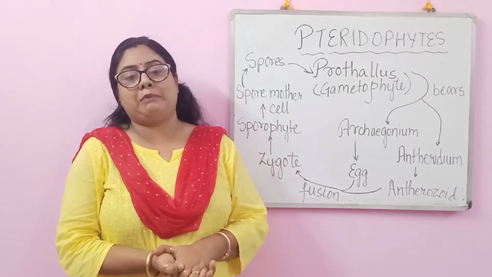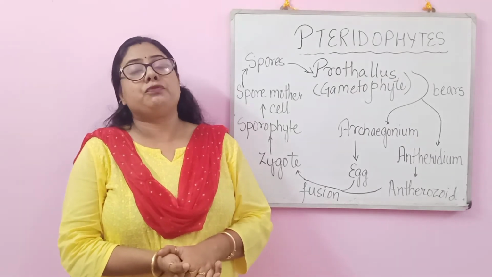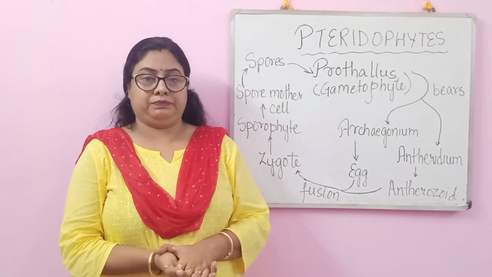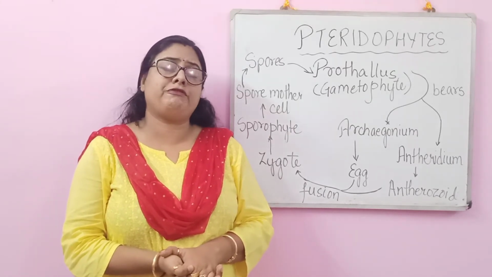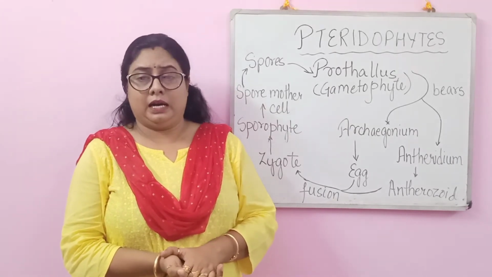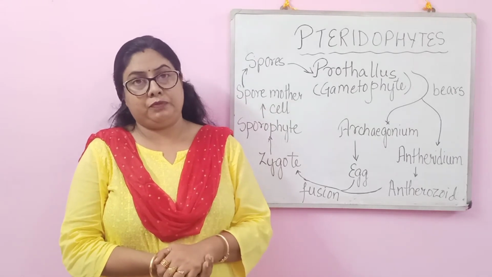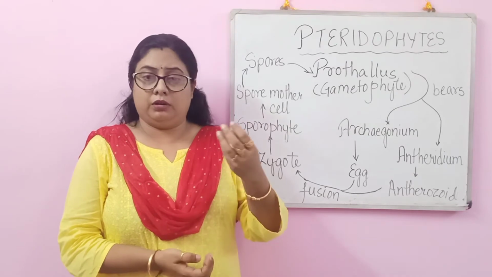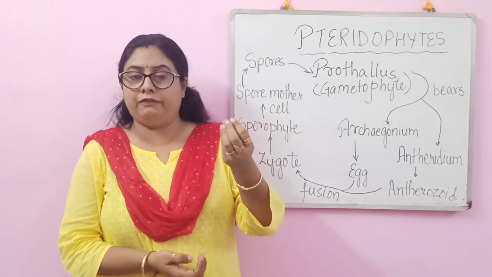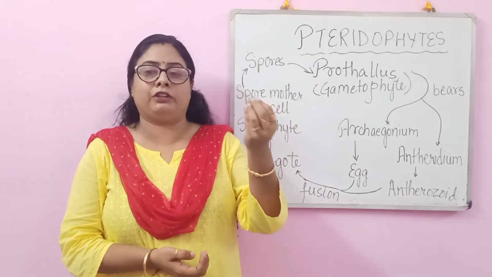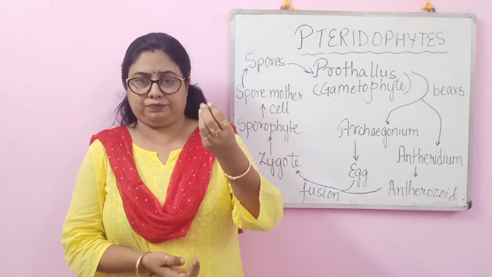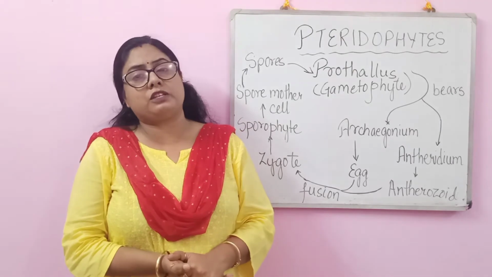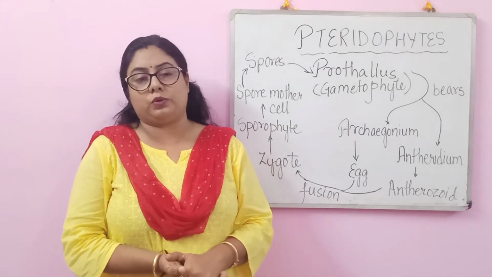The female gametophyte is retained on the parent sporophyte for a variable time period. And here the fusion of the microgamete and the megagamete takes place to form the zygote.